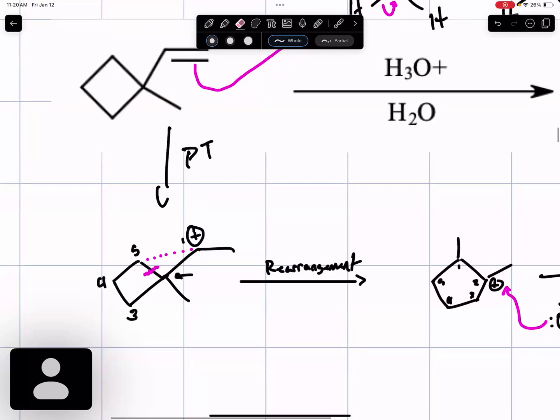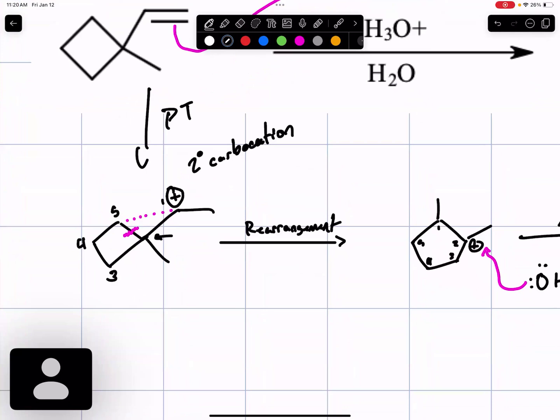Since we formed the more stable secondary carbocation, it was able to do a rearrangement between bonds. We broke the cycle. We broke that ring between carbon number 2 and carbon number 5.